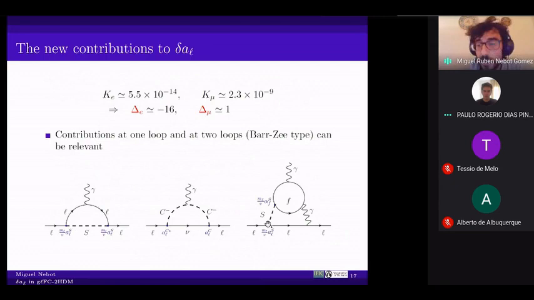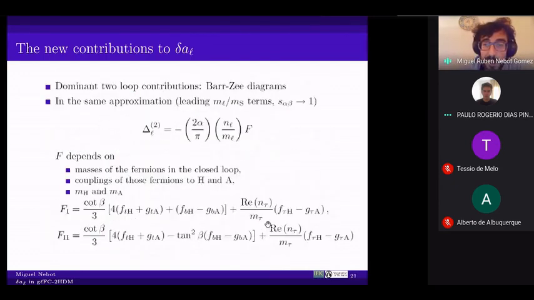Here it's just linear. And this additional factor collects information from the loops and the scalars that connect the external fermion line with the internal fermion loop, in the couplings, and of course the masses. So in these two models, this factor takes this form.